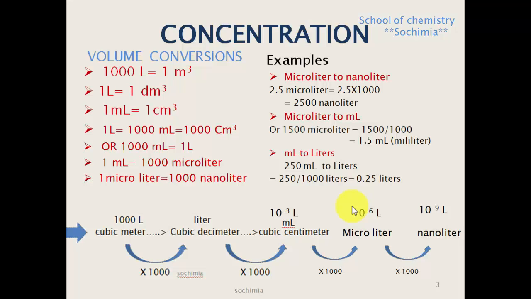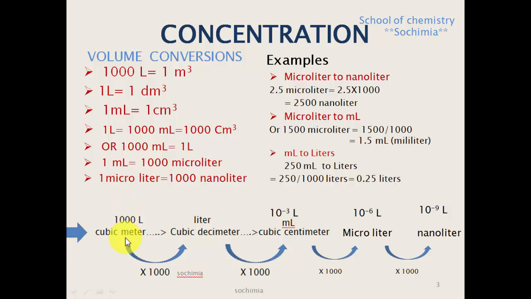Similarly, if we speak of volume, we have various units which express volume in solutions. And in order to have a clear understanding, you must see the sequence here: the biggest unit which we are having is cubic meter in terms of volume.